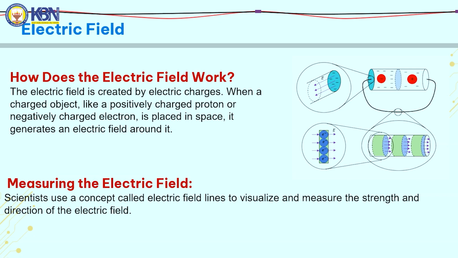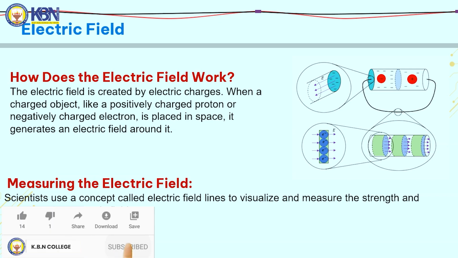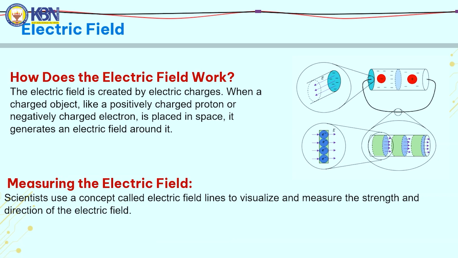The next one is how the electric field works. The electric field is created by electric charges. When a charged object like a positively charged proton or a negatively charged electron is placed in space, it generates an electric field around it. The force can either attract or repel depending upon whether they have the same or opposite charges.